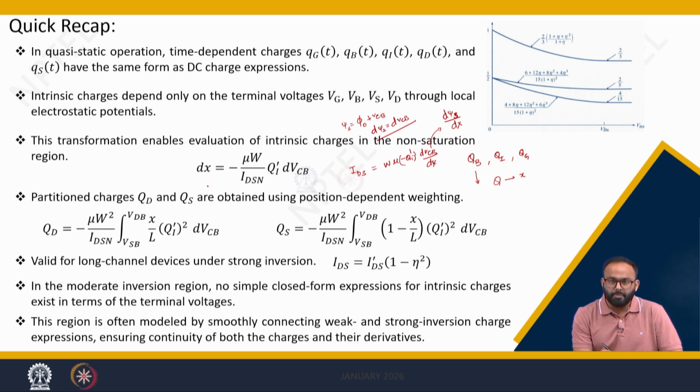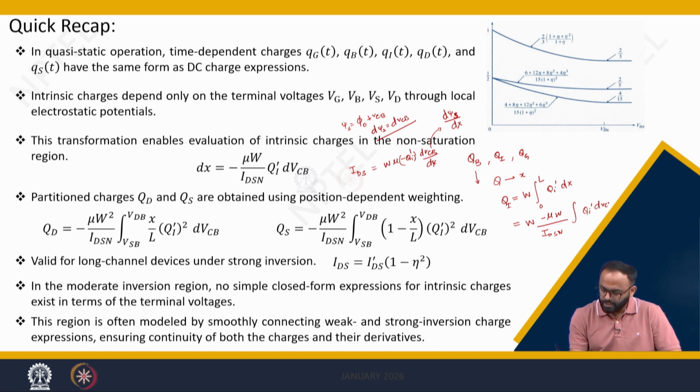So we changed the variable and then put back those changed variables in the final expression to calculate the inversion, bulk and gate charge. Meaning, we did that the integral from 0 to L of W into Qi dash dx can be rewritten as W into minus mu W divided by IDS, with the changed variable as dVCB.